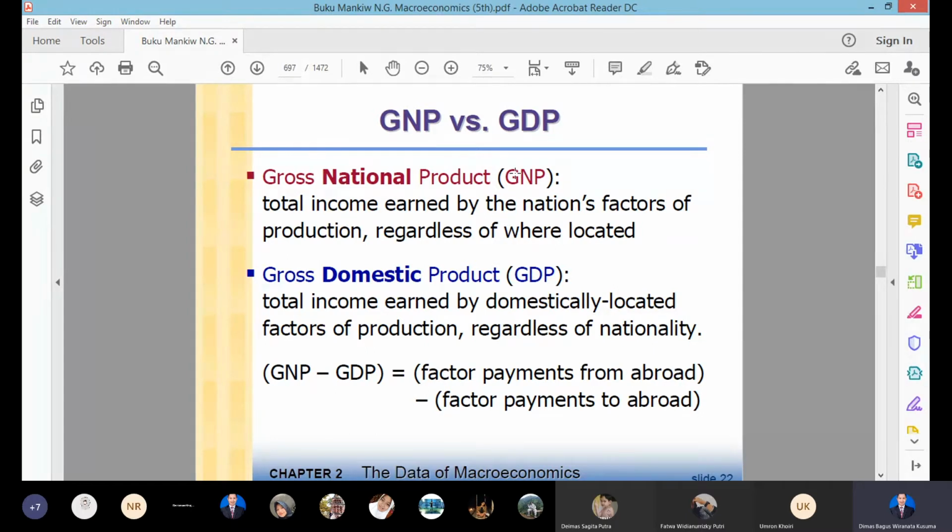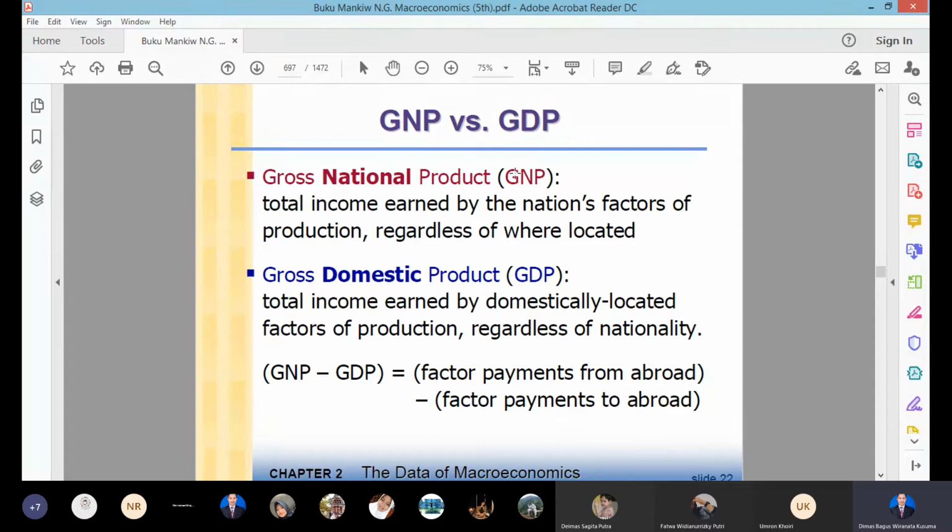From this simple understanding, GDP is the income earned by whatever citizens working in Indonesia only, not counting Indonesian citizens working outside Indonesia. But GNP is different. It only counts the income of Indonesian citizens, regardless of the location where they work.